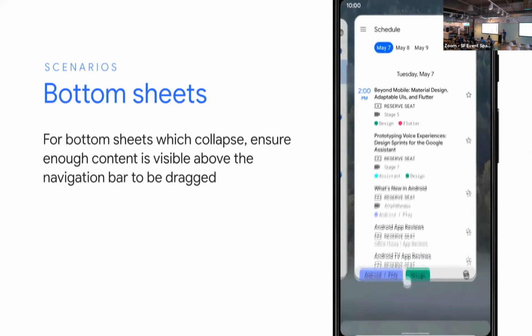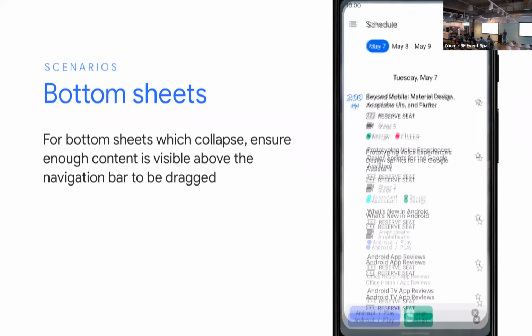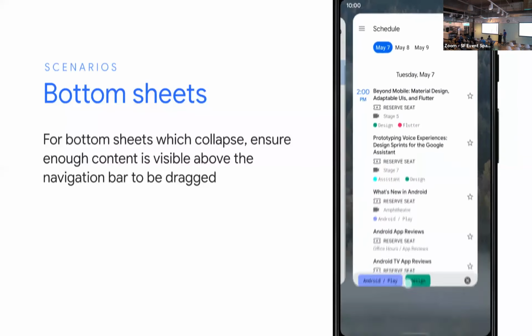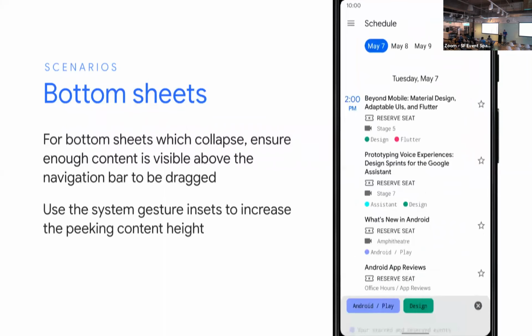This is what happens when the user tries to swipe from the bottom to open your bottom sheet, but basically exits your app. So instead, we want you to check the insets and shift the content so that the user can have some draggable content and, instead of exiting the app, can drag the sheet.